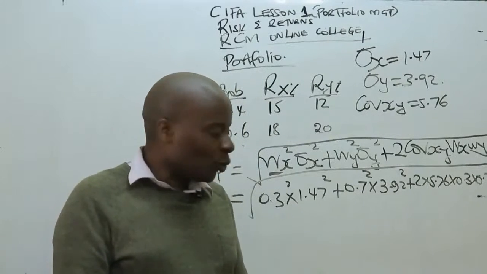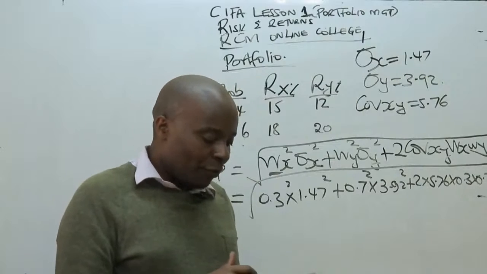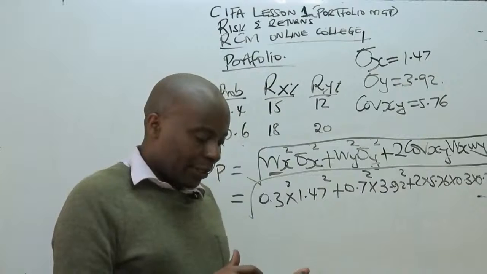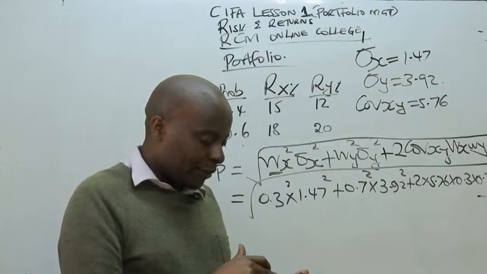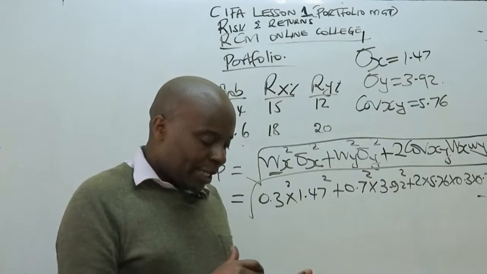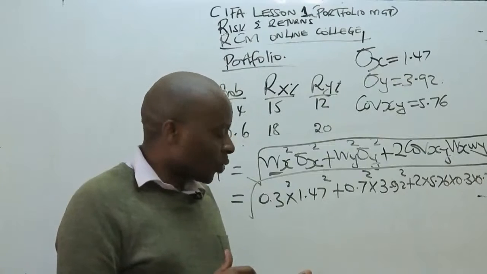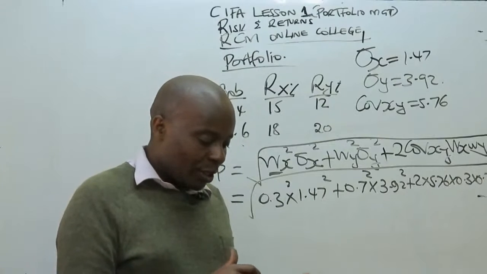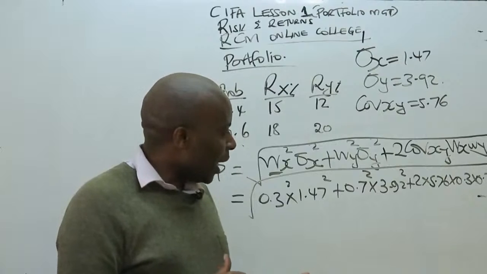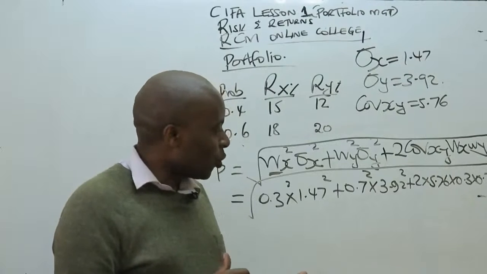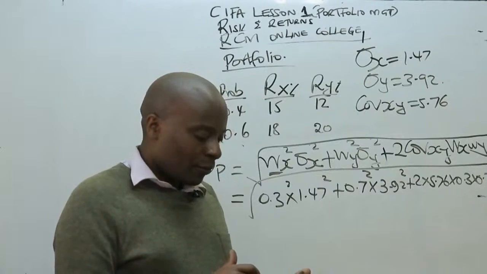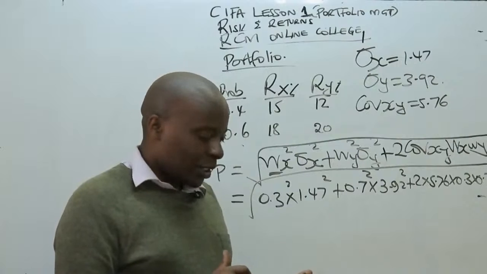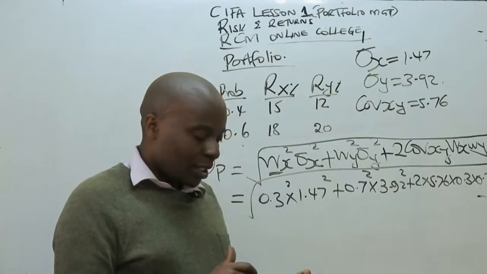We have 0.3 squared times 1.47 squared, plus 0.7 squared times 3.92 squared, plus 2 times 5.76 times 0.3.